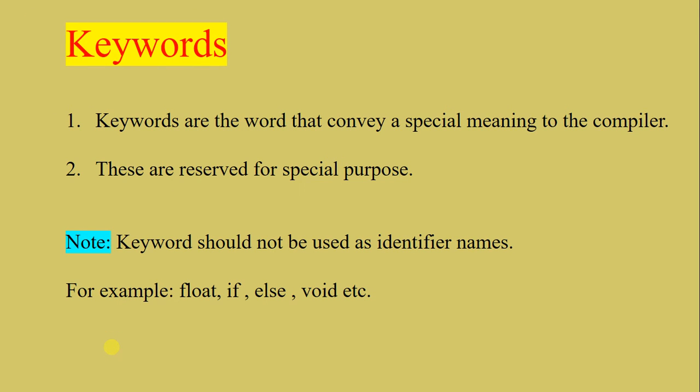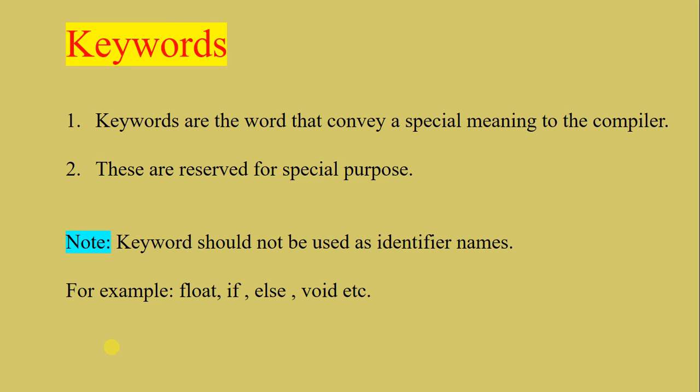Keywords. Keywords are the words that convey a special meaning to the compiler. These are reserved for a special purpose. So when I write a program and compile it, whenever the compiler encounters a keyword, it performs a special function.